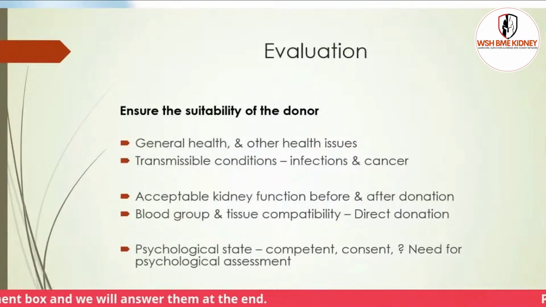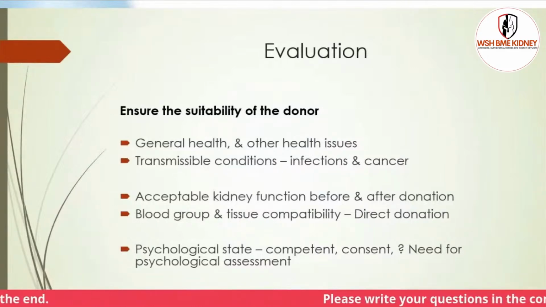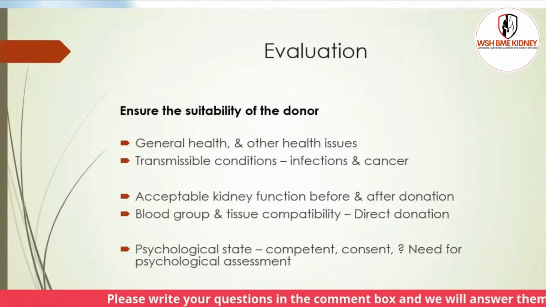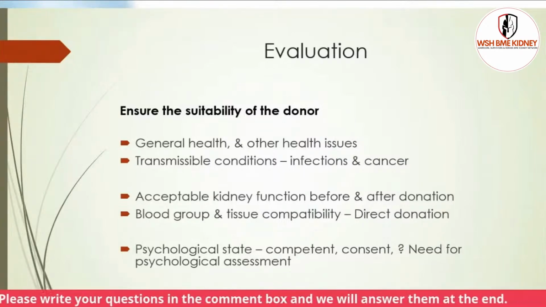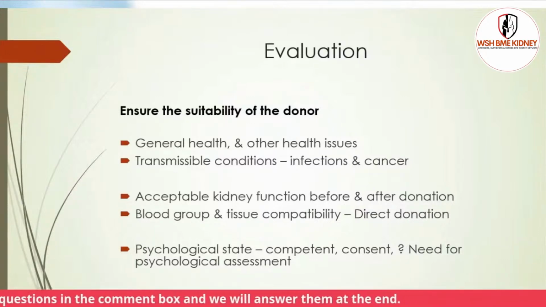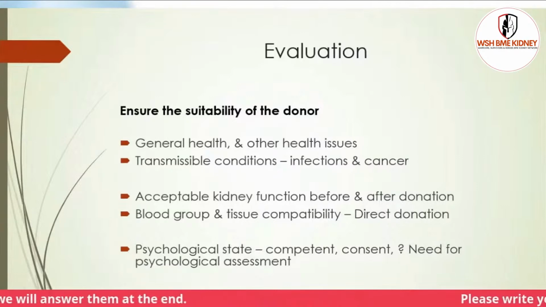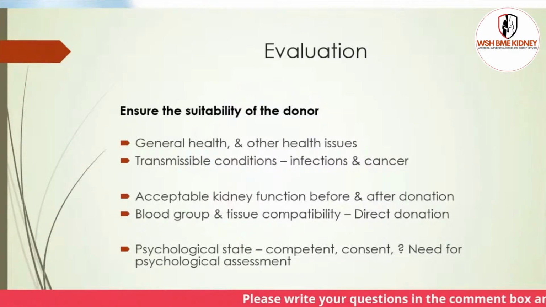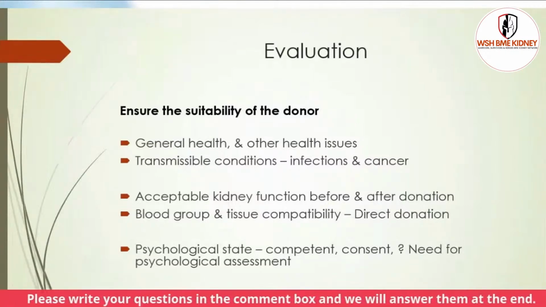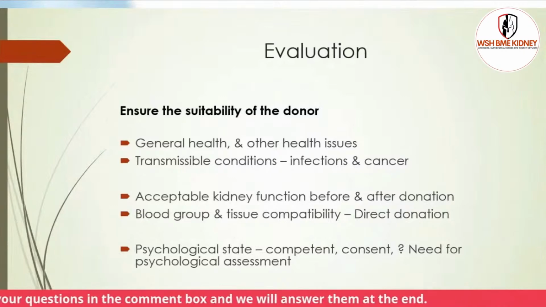Now, to ensure the suitability of the donor, we look at the general health. We take a good history about their health. We do tests to establish whether the donor has any transmissible conditions such as infection or cancer. Unfortunately, sometimes we do find some donors actually have cancer that they don't know about during the evaluation.